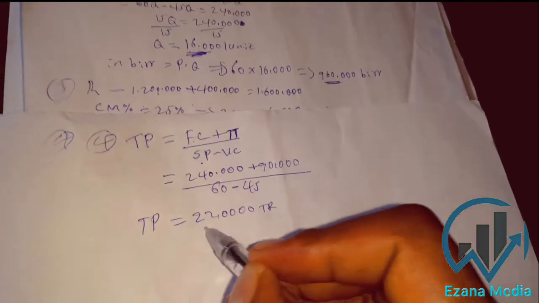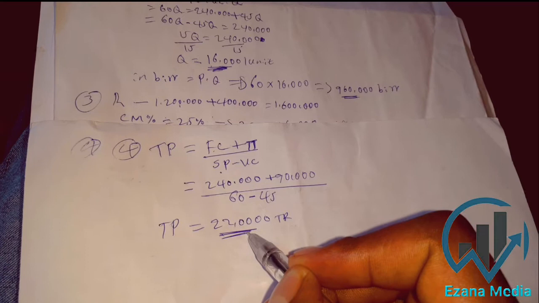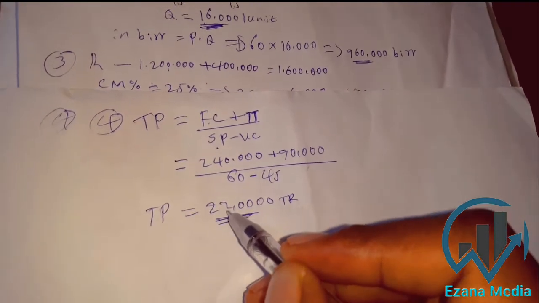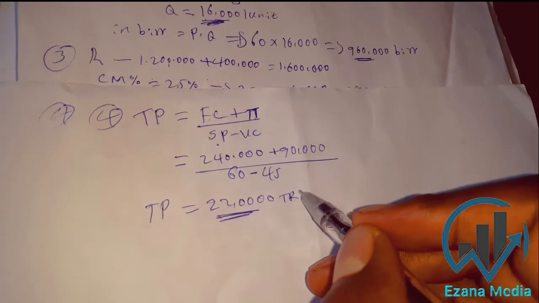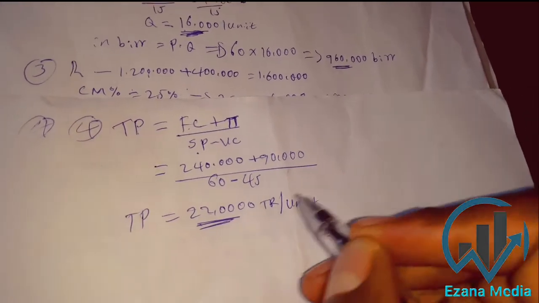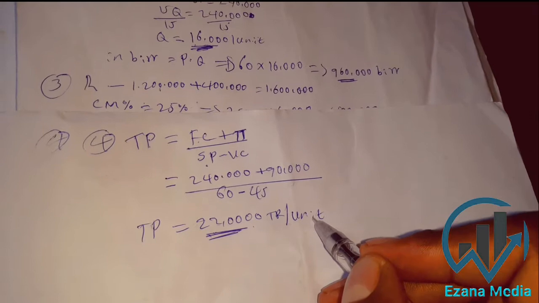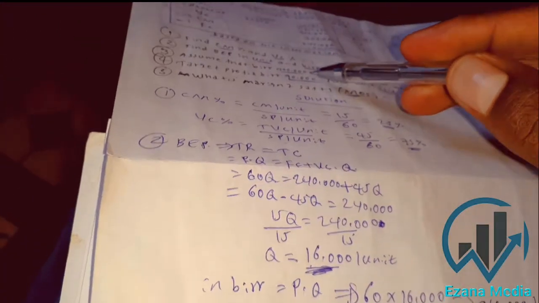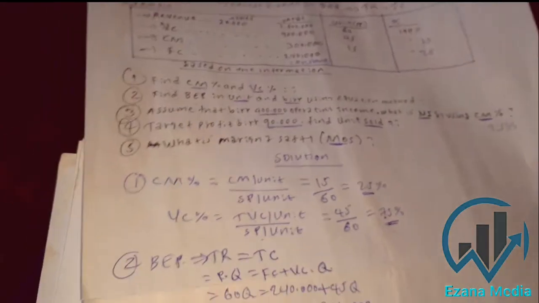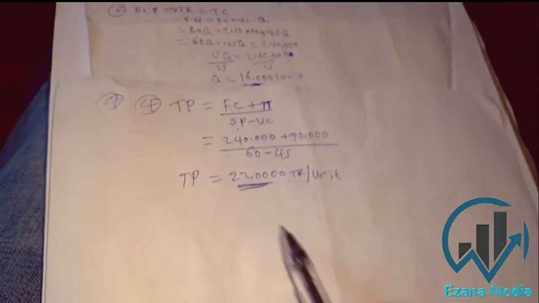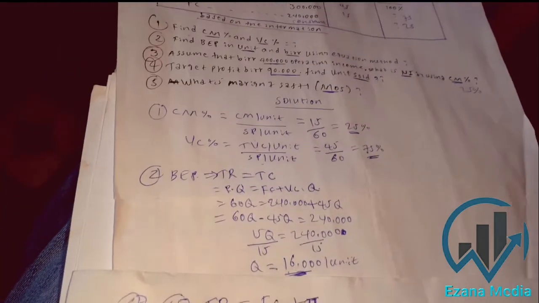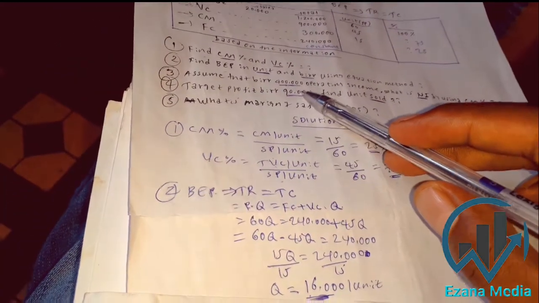This TP is 22,000 units. If 22,000 units are sold, we can get a target profit of 90,000.